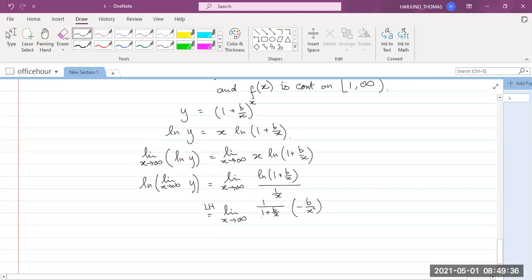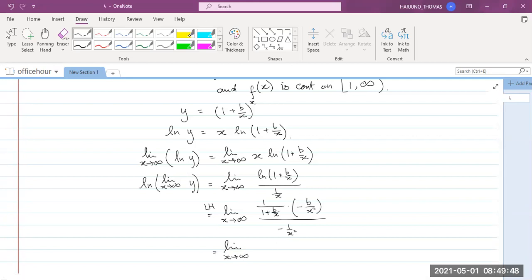At the bottom we get negative 1 over x squared. Everything cancels except the b, so I get b over 1 plus b over x.